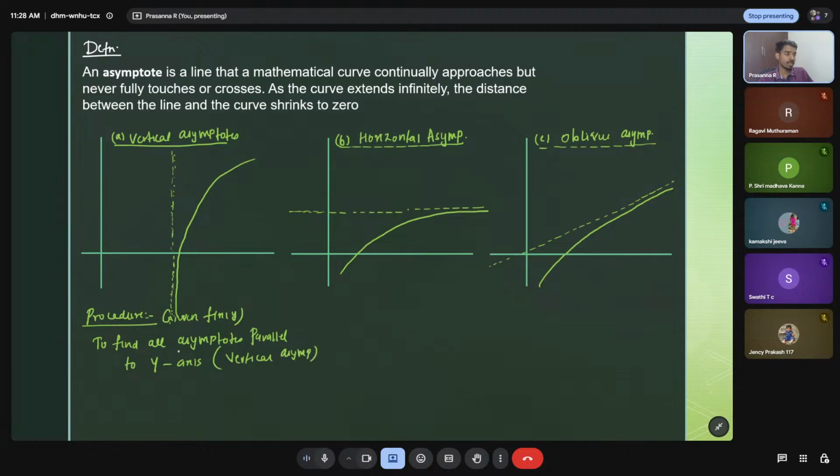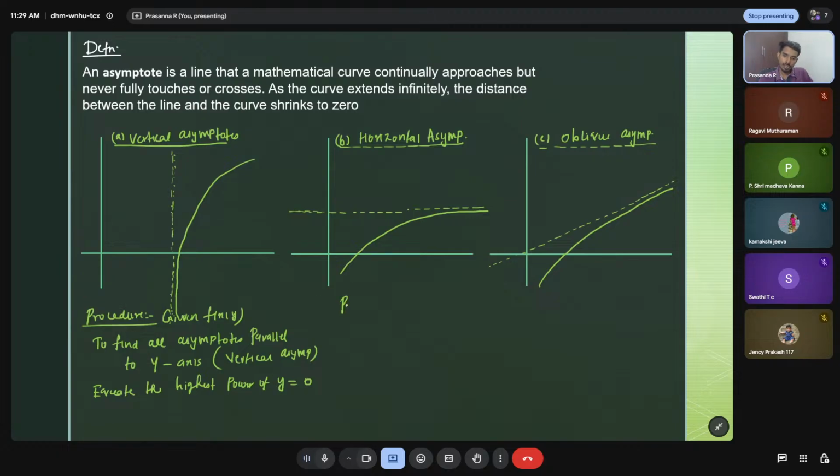To find all vertical asymptotes, you equate the highest power of y to be equal to 0. When we do problems, it will be very easy for you. Equate the highest power of y to 0 in the given function of x comma y.